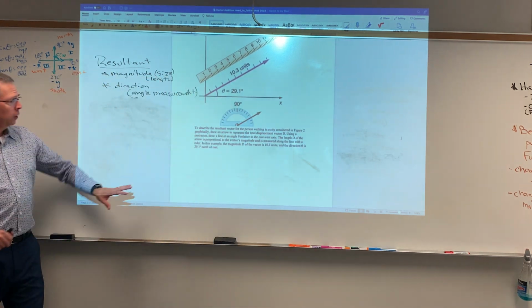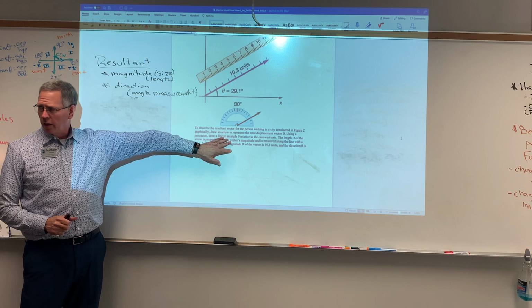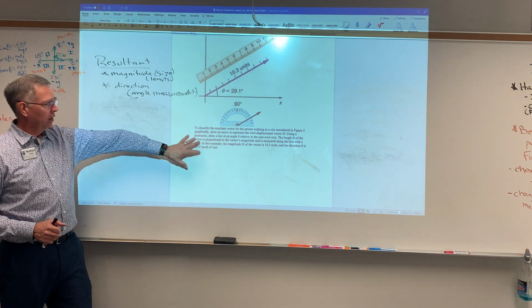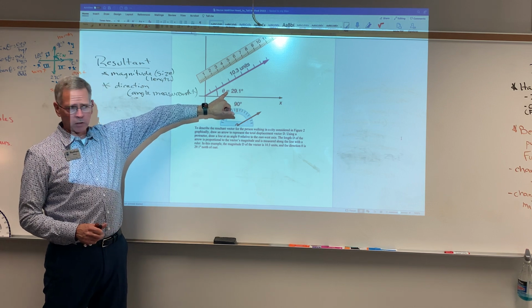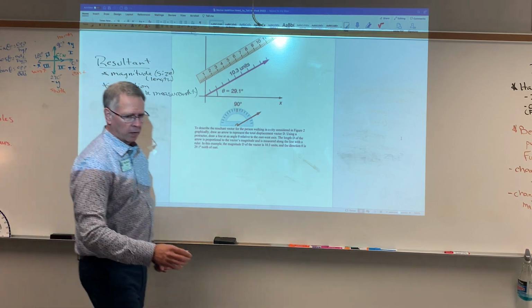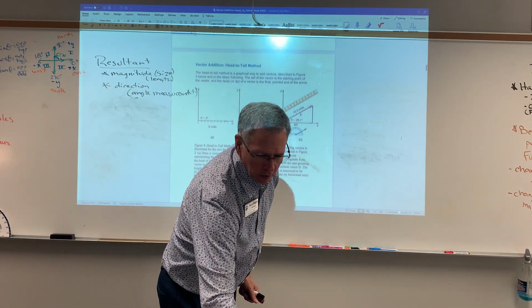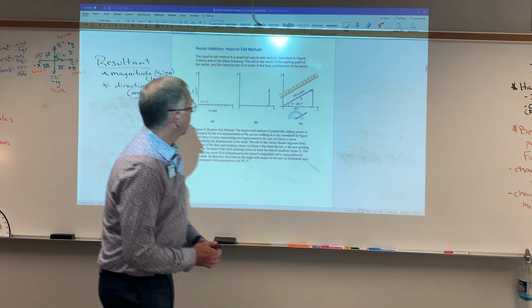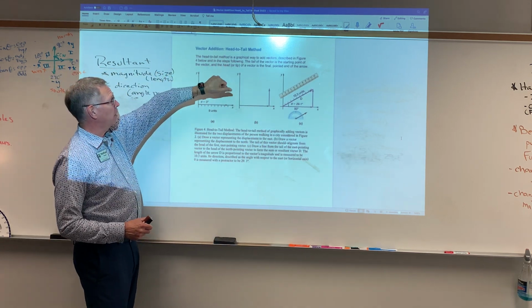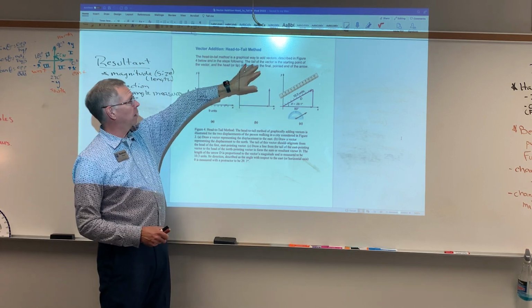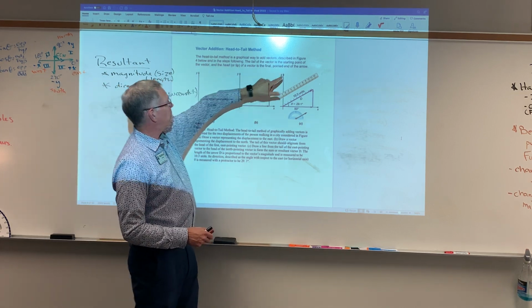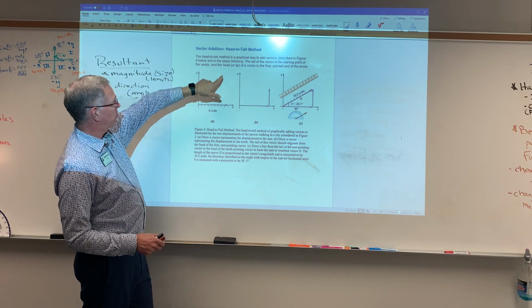We're going to draw them to scale, then measure the lengths and use the protractor to measure the angle. What I'd like you to start with is called the head to tail method. When we add vectors together head to tail, you add vectors by the following steps.